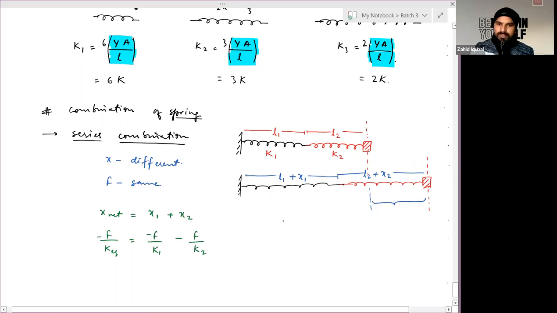As for a spring mass, F equals minus K times X, so X will be equal to F by K with a negative sign. I'm using this in this part. So minus F taken out common from either side. On solving, you will get 1 by K equivalent equals 1 by K1 plus 1 by K2. Final result.